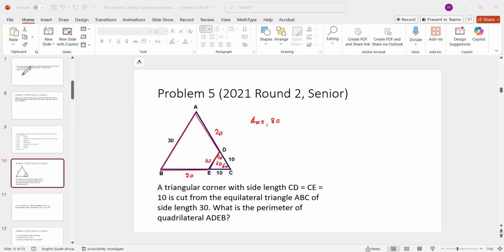Okay, so there could have been an easier solution than that. I can tell you an easy solution. See, the perimeter of ADEB is actually the same as the perimeter of your triangle.